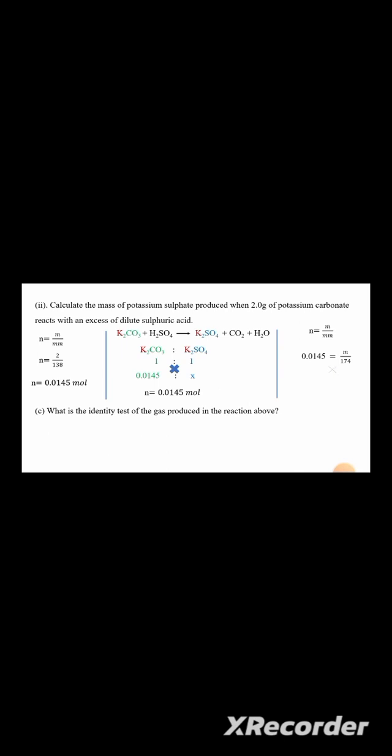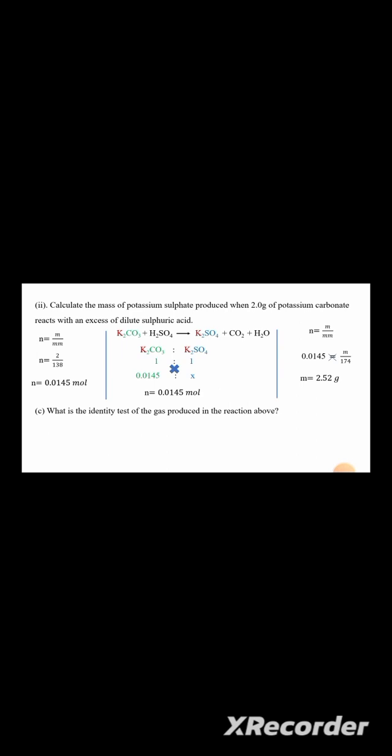Then you cross multiply like that. So M times 1 gives M, and then 0.0145 times 174. When you multiply this, you are going to get 2.52 grams. That is the answer, the mass of potassium sulfate. So that is how you should work it out.